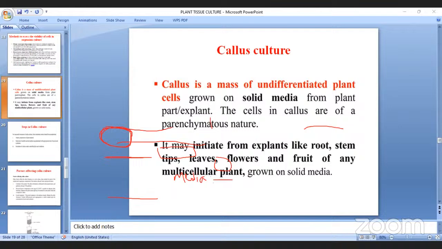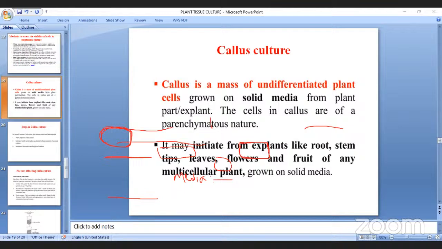First, temperature. Temperature range for the callus culture should be 22 to 28 degrees centigrade. This is the optimum temperature for callus. So we regulate the temperature at 22 to 28 degrees centigrade.